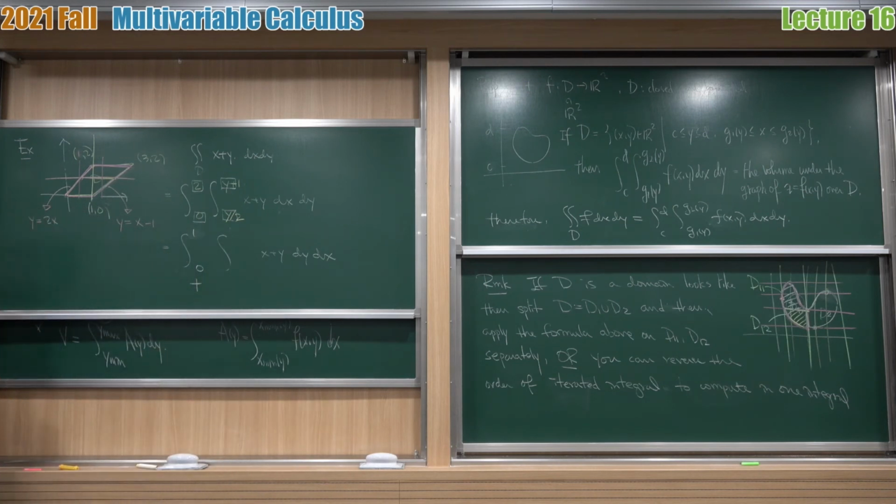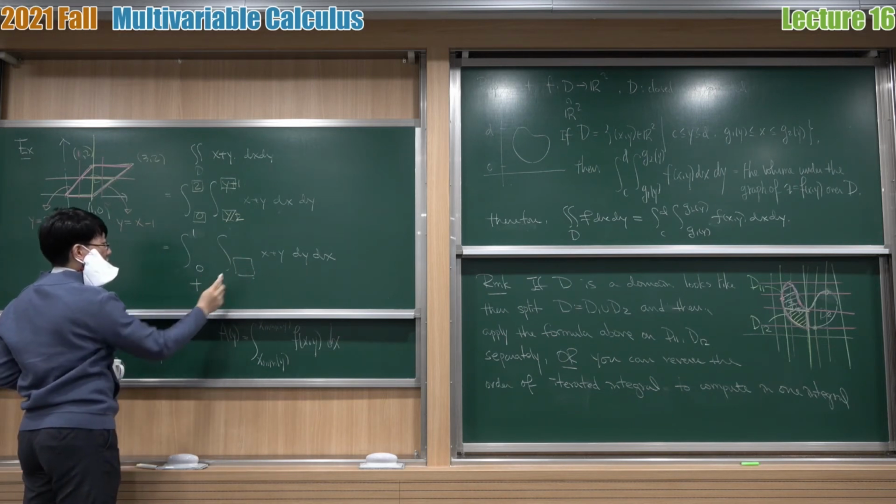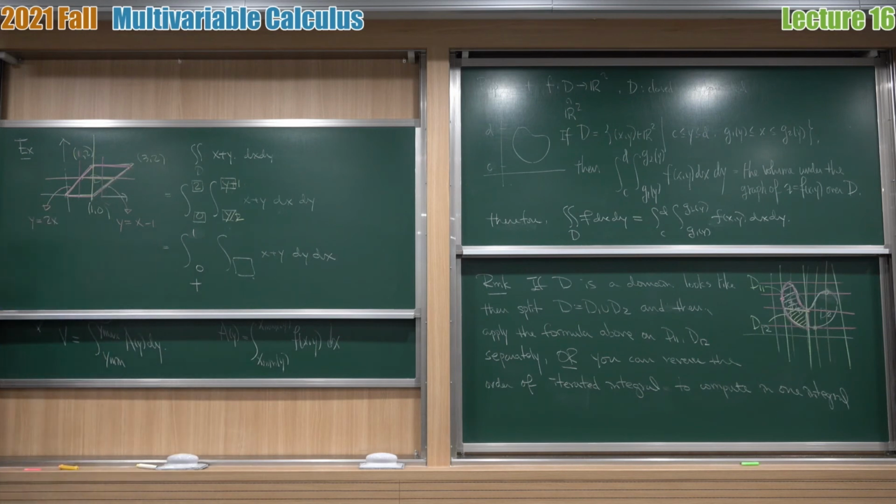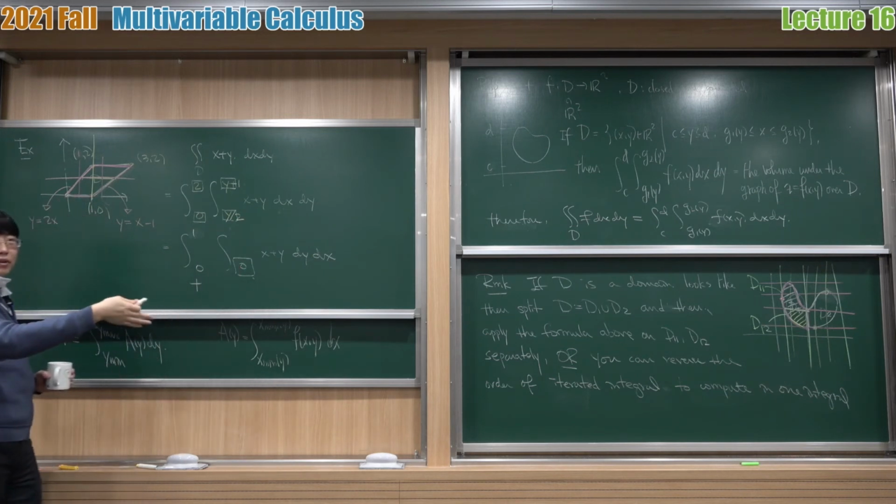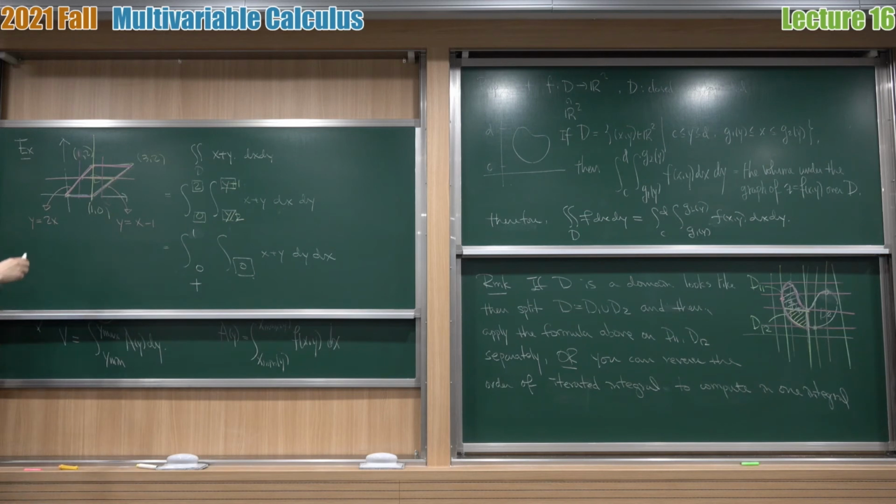So let's take the first case. When x is from 0 to 1, what's the minimum of y? It's a function of x, but it's 0. Okay, 0 is also a function of x. It's a constant function. And how about the maximum? 2x, yes.